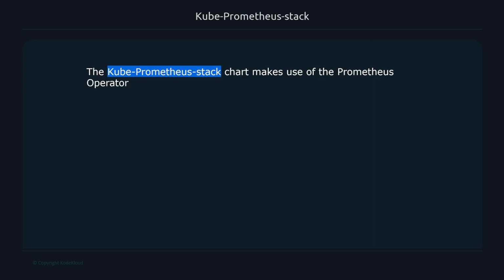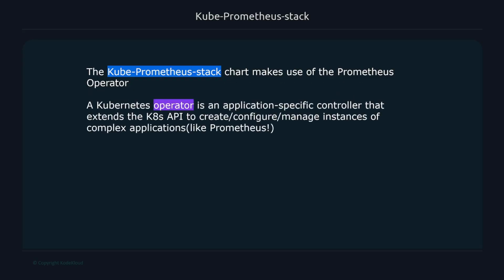So as I mentioned, the Kube Prometheus stack chart makes use of the Prometheus operator. And I want to quickly discuss what an operator is when it comes to Kubernetes. A Kubernetes operator is an application-specific controller that extends the K8s API to create, configure, and manage instances of complex applications, like Prometheus. So it's going to manage the entire life cycle of your application.